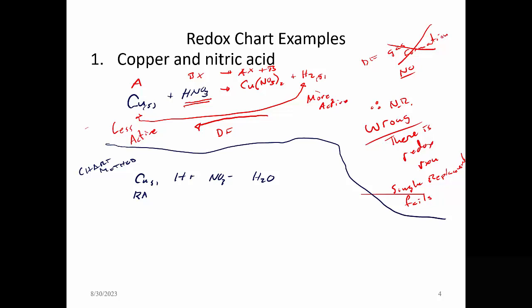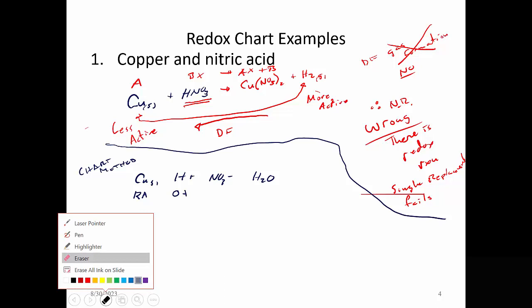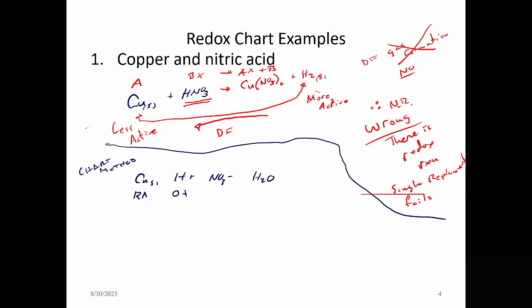Then look for H plus. Is H plus on the left side or the right side? And so H plus is an oxidizer, and so we call it an OA. Nitrate, left side or right side?